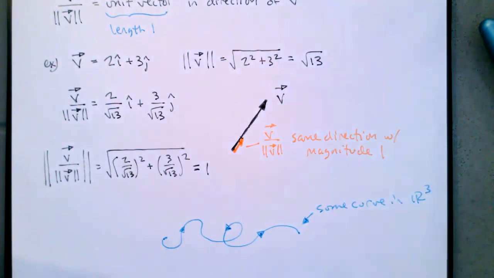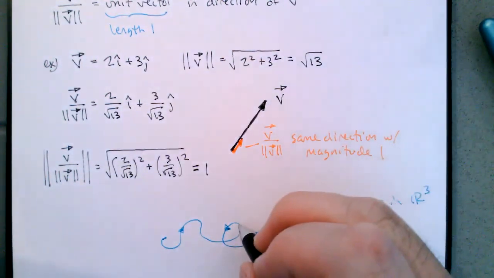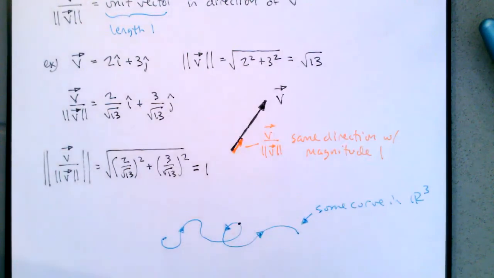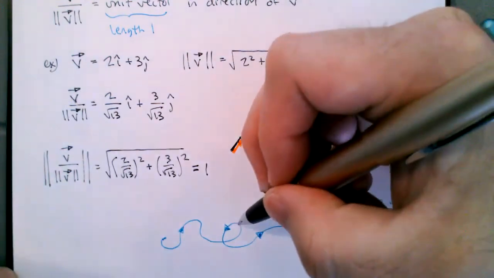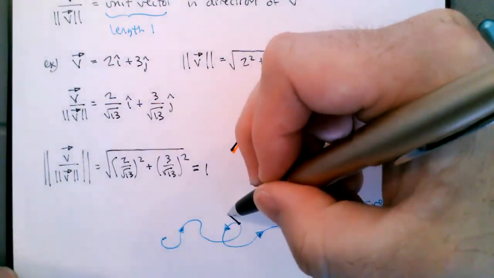So it might be that at this point, we'll be asking the question, what direction are we headed? What is the slope of the line tangent to that? We don't get to use slope because we're in R3 and we're going to have 3 components, but we're just going to want to find what's the tangent vector.